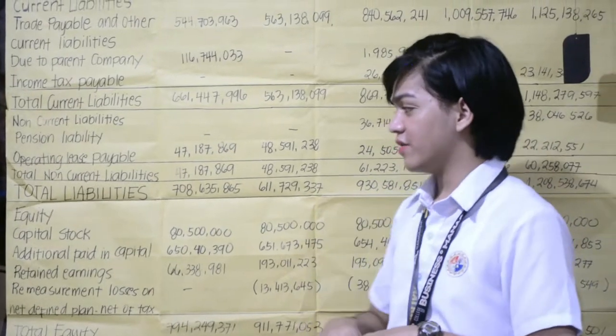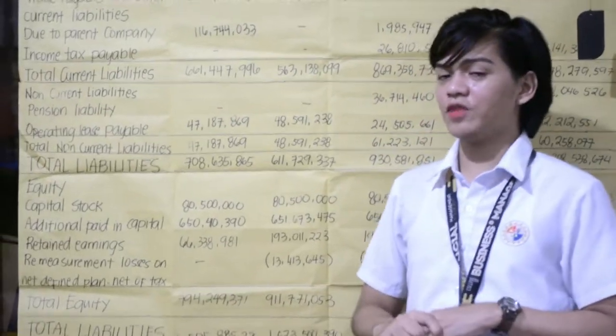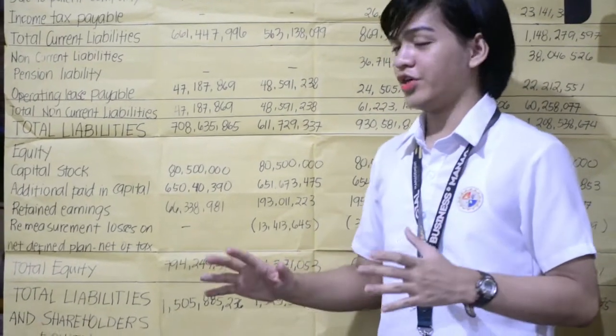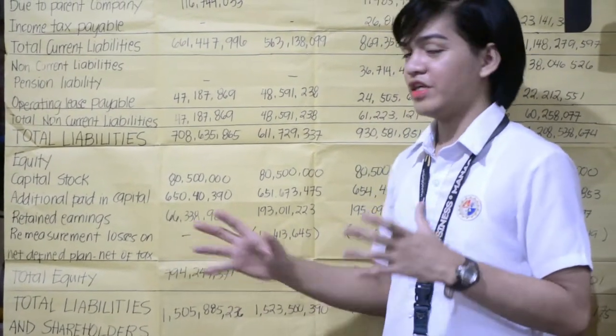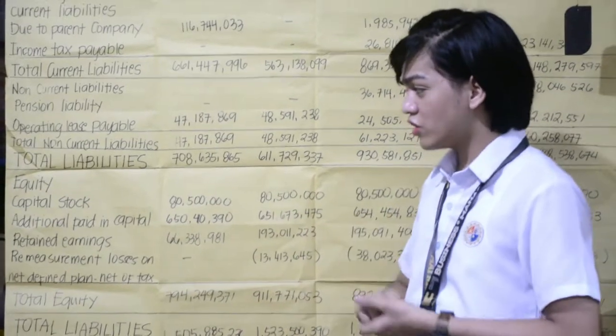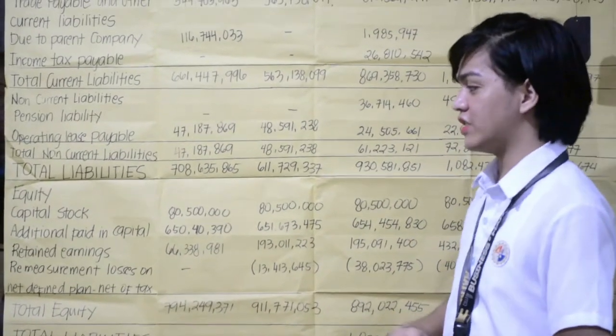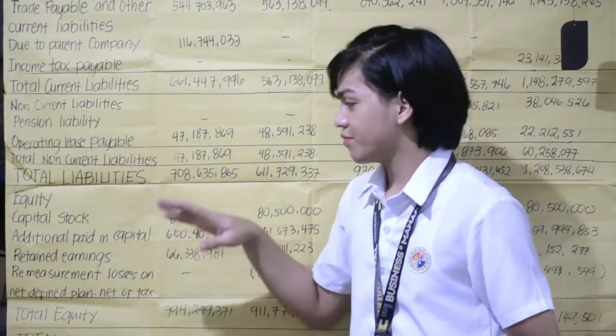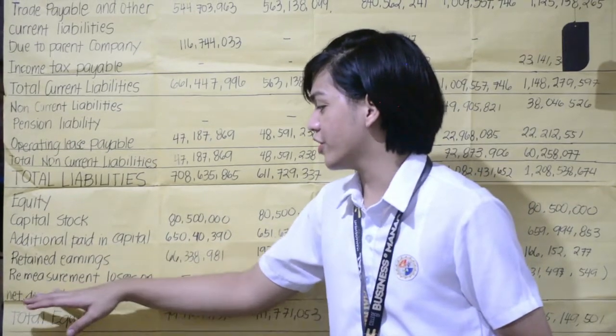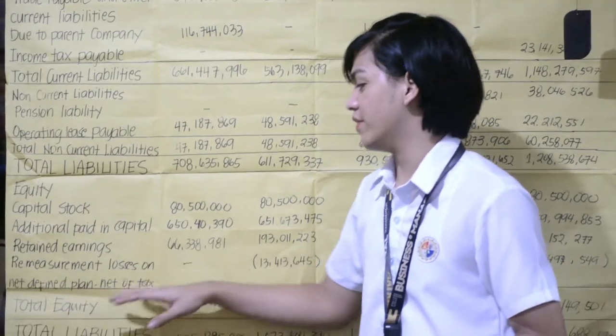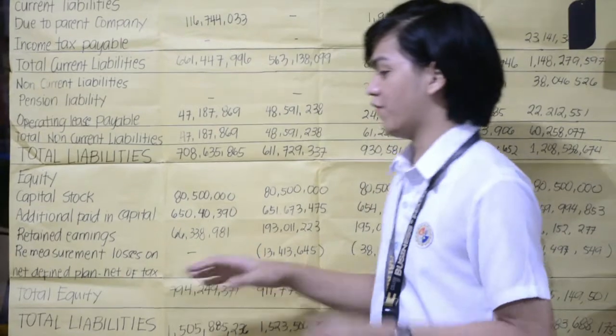The last part of the financial position is the equity of the company, with the retained earnings included in this account. Also included in the equity is the capital stocks and the remeasurement losses on net defined plan net of tax.